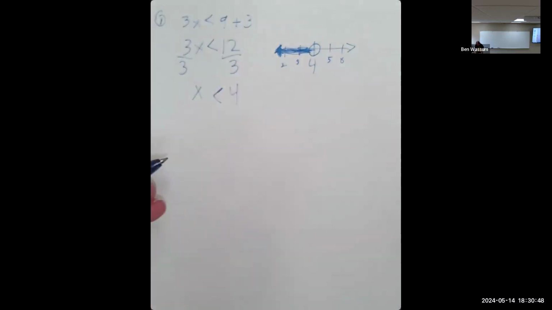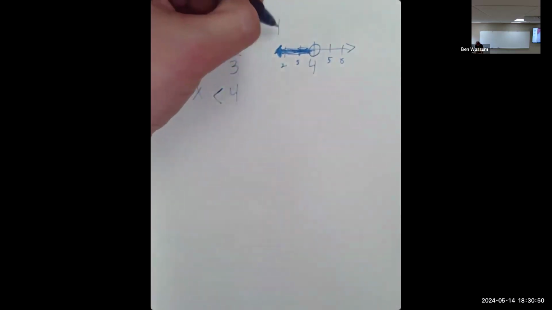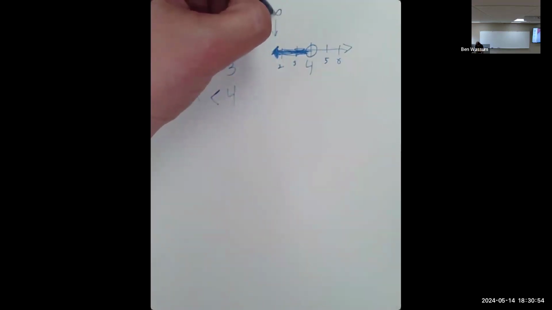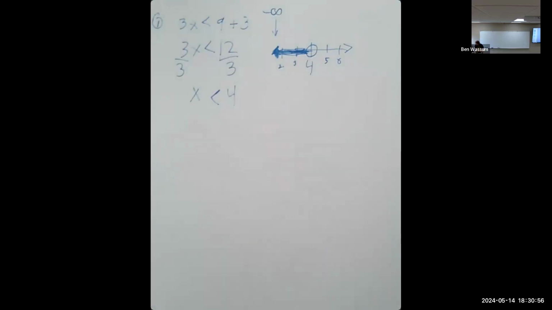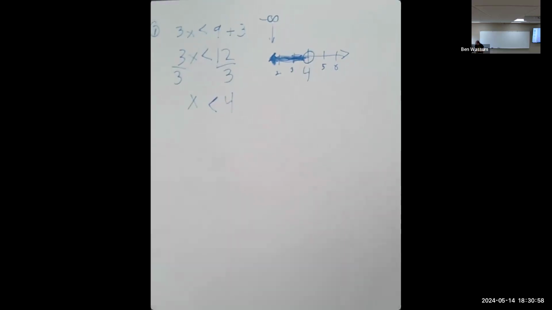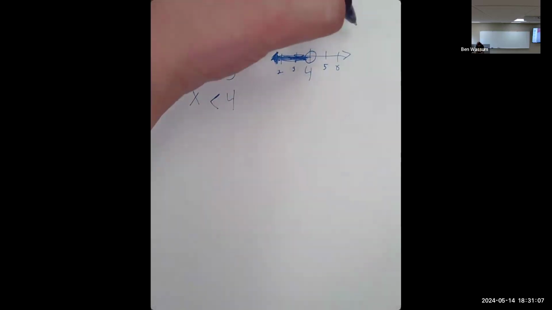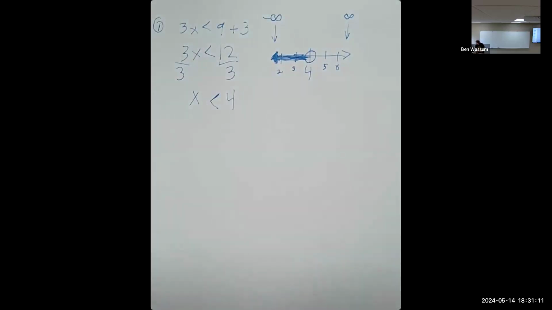So the implication is that when it goes on forever in this direction, it is going towards negative infinity. We are giving that a designation. We're giving it a name so that if I gotta say something goes on forever, that's what I'm gonna use. Now, we also have positive infinity.